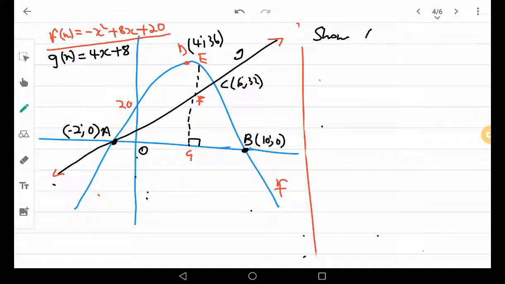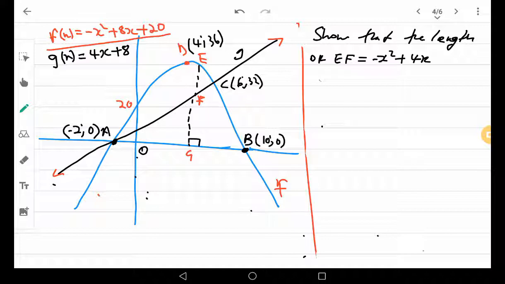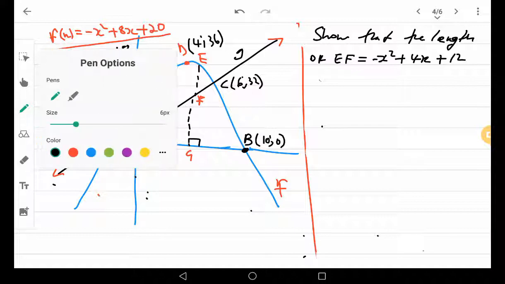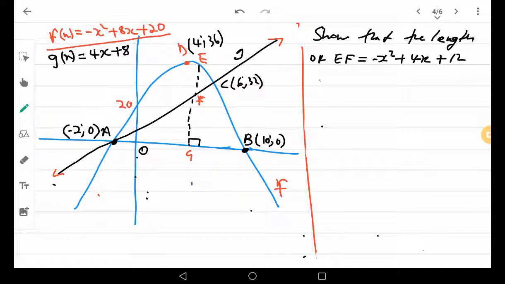For example, a question says show that the length of EF is equal to minus x squared plus 2x plus 12 can be expressed like this.